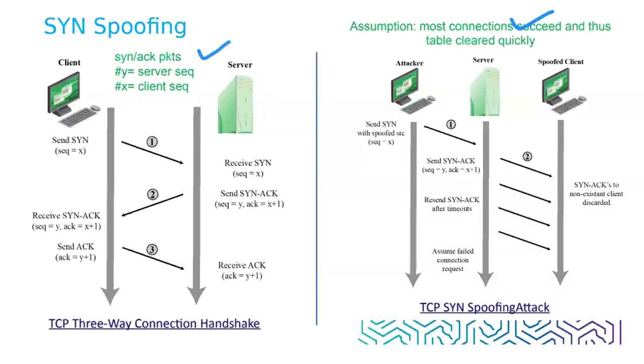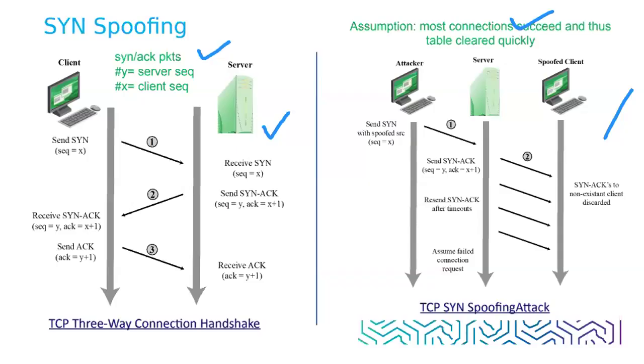Then on the right hand side, the SYN spoofing case is there. By comparing these two diagrams, we can clearly understand how the attack exploits TCP. So let us see first the normal three-way handshake, the figure on your left hand side.